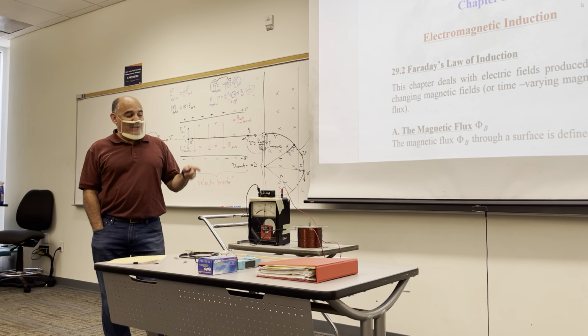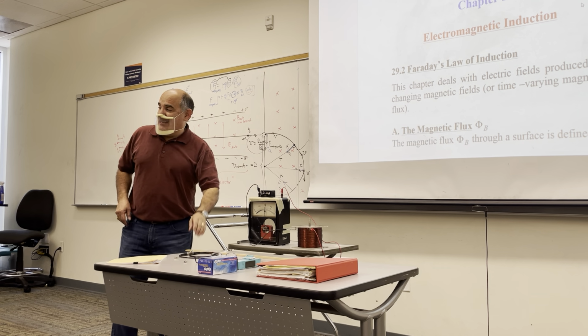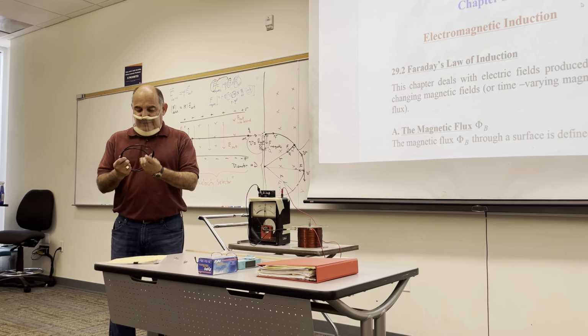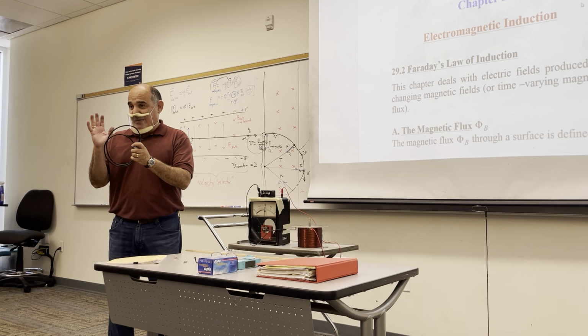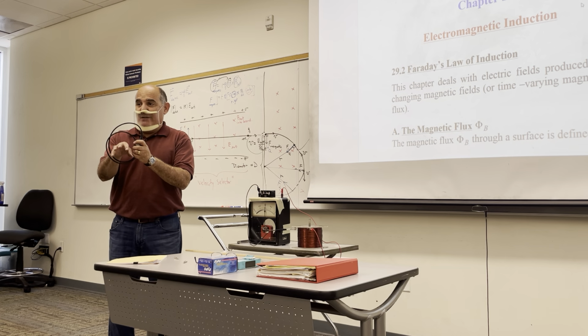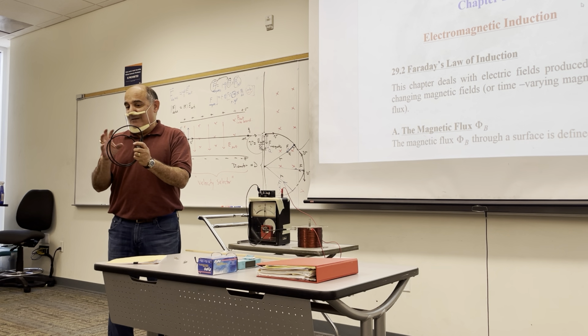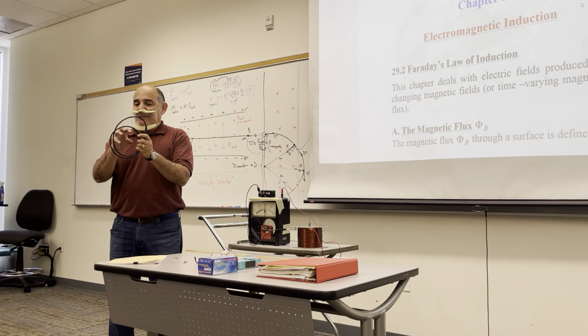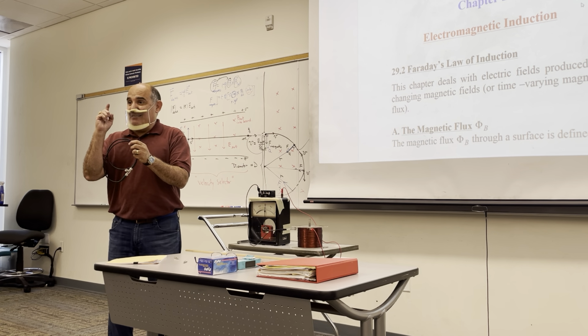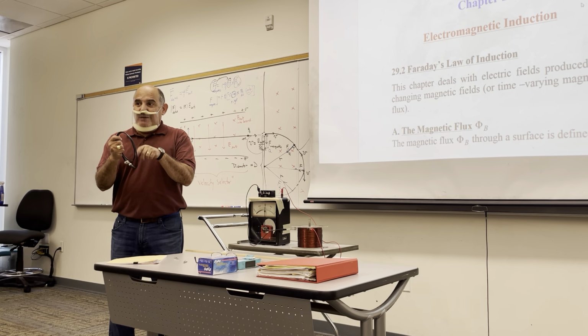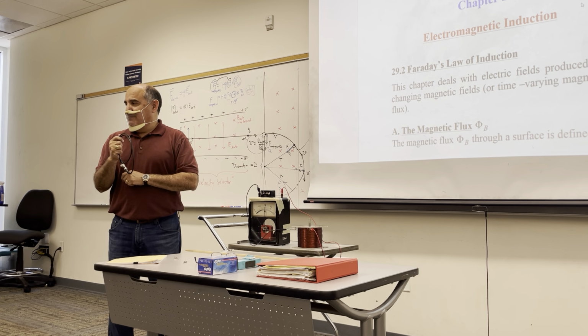Well, it turns out that if I change the amount of magnetic field that goes through this, I don't care if I make it big or small, as long as it's changing, while that amount of magnetic field through this coil is changing, there will be a current produced.